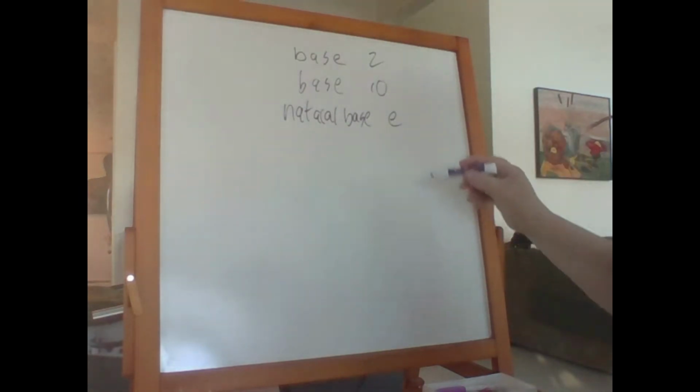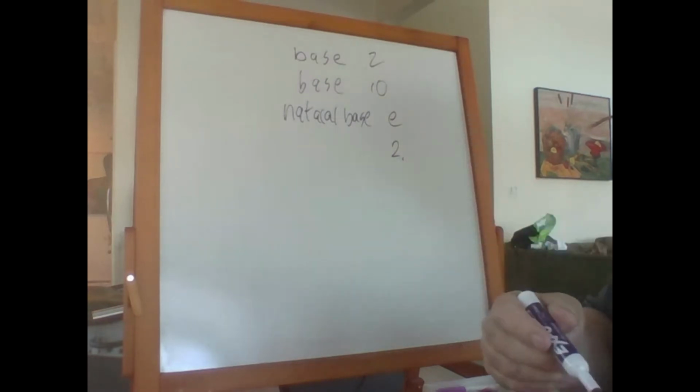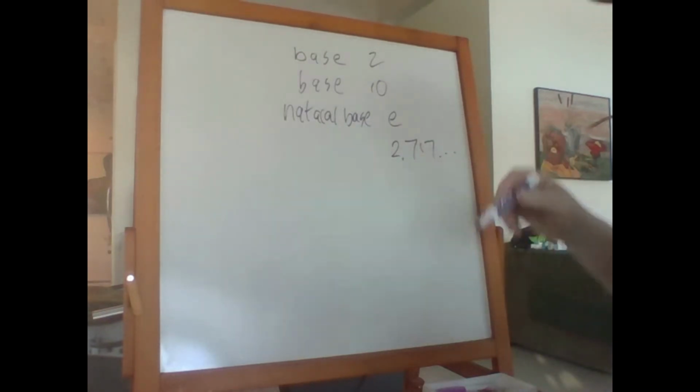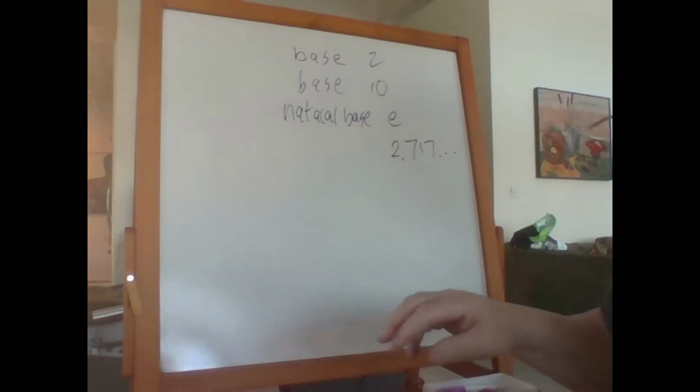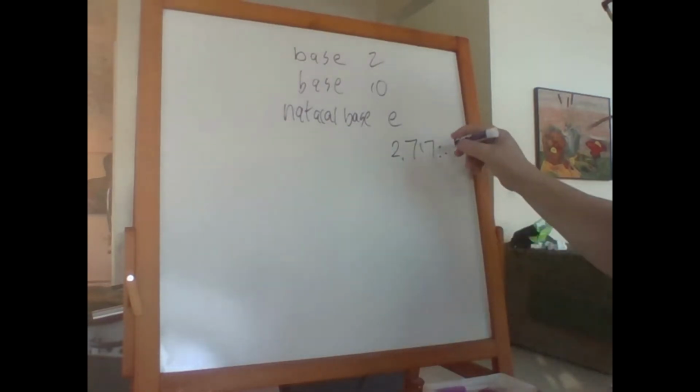e, which is 2.717, I think. I have to look it up. I better look it up because it's been a while. Just want to make sure I'm not lying to you. Here we go, the natural log. Actually, 2.718.